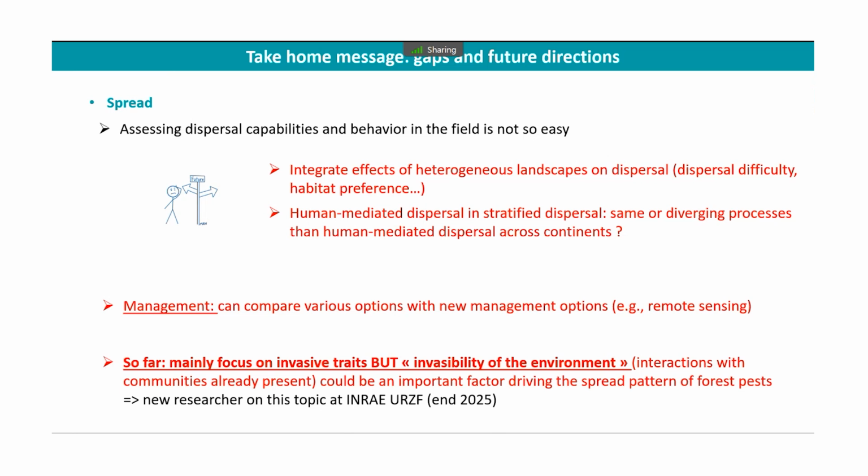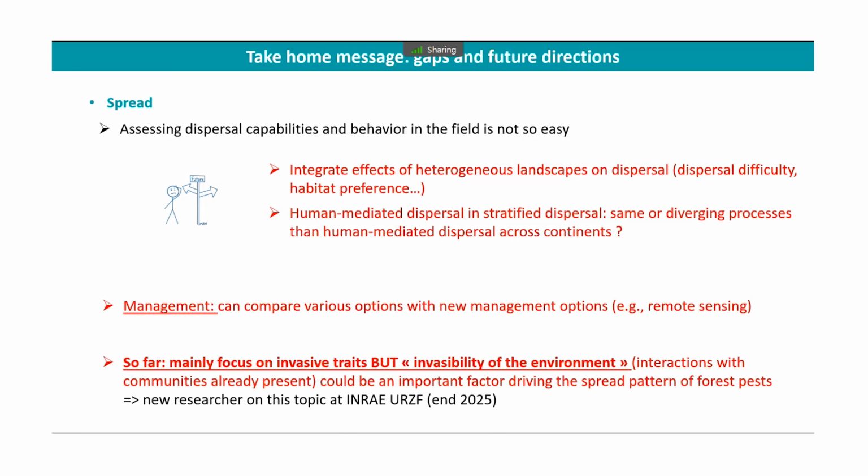And last but not least, so far I mainly discussed invasivity, so invasive threats of the species. But in fact, invasibility of the environment is also very important to determine the spread pattern and the invasion risk.